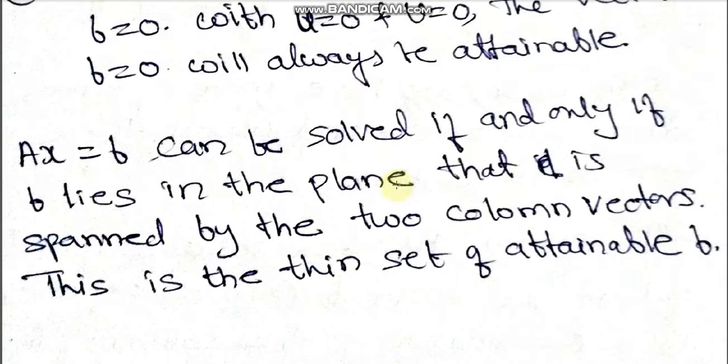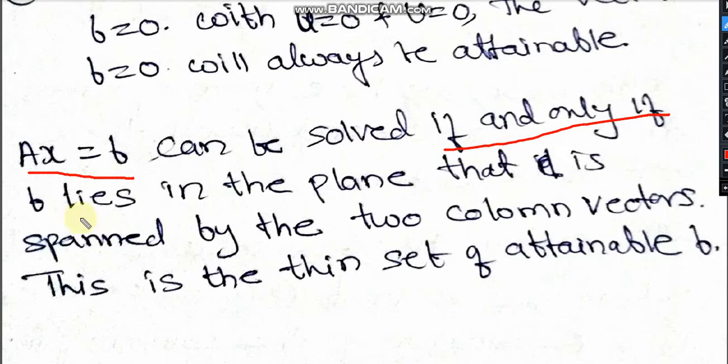So Ax equals b can be solved if and only if b lies in the plane that is spanned by the two column vectors. This is the thin set of attainable b. So Ax equals b can be solved if and only if b lies in the plane spanned by the two columns.